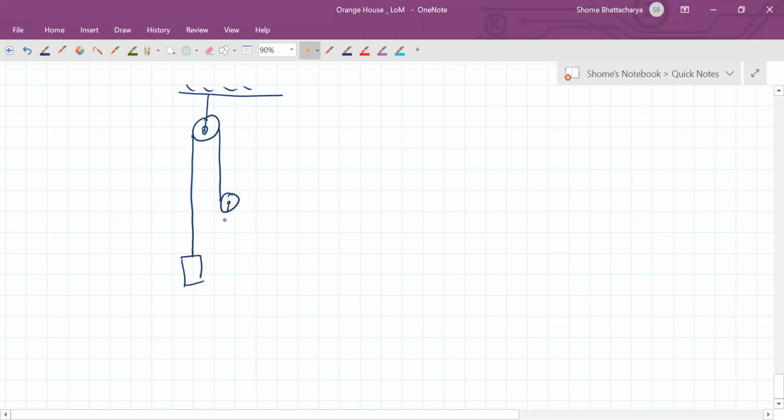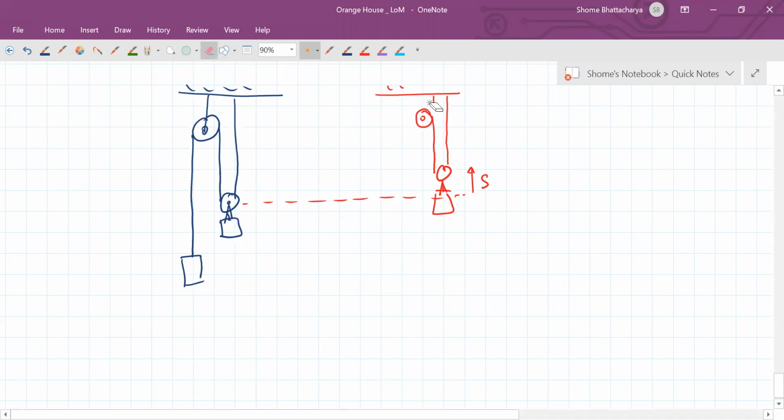मेरा सिस्टम इनिशियली ऐसा था. Okay. Now after some time what has happened is कि in comparison to this, ये पुली सपोज कोई भी डिस्टेंस s से ऊपर चला गया है. Okay. So ये पुली ऐसा s डिस्टेंस से ऊपर चला गया.